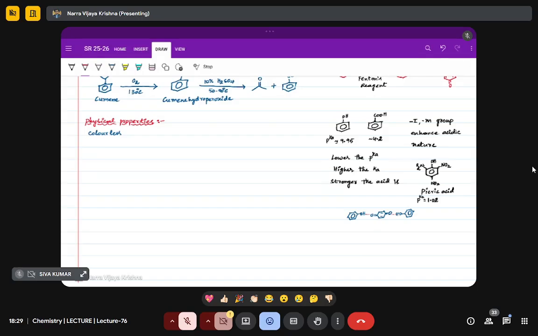See this? Phenol turns to pinkish or brownish color on exposure to air due to slow oxidation, leading to the formation of quinone and quinoquinone.